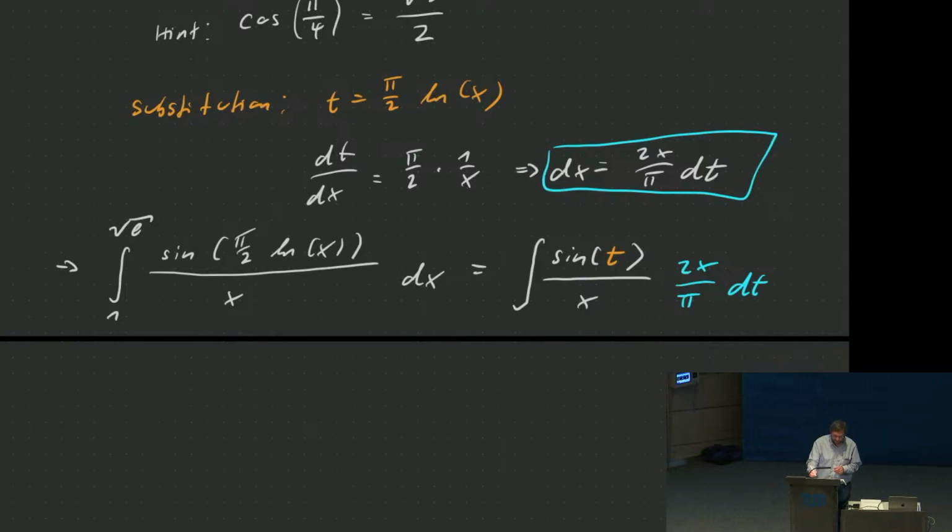And again, you can now see that x will cancel out, so basically I'm left with the integral over a sine expression. All right. As for the bounds, let's see. What we have here is, let's just write those down once, pi over 2 ln of 1, and then pi over 2 ln of square root of e.